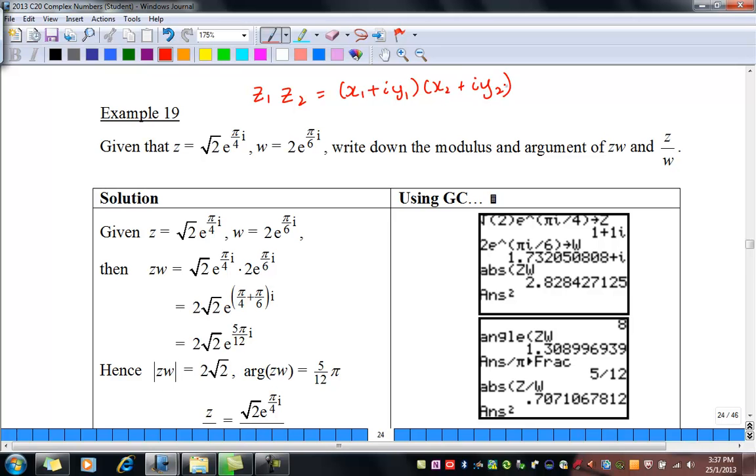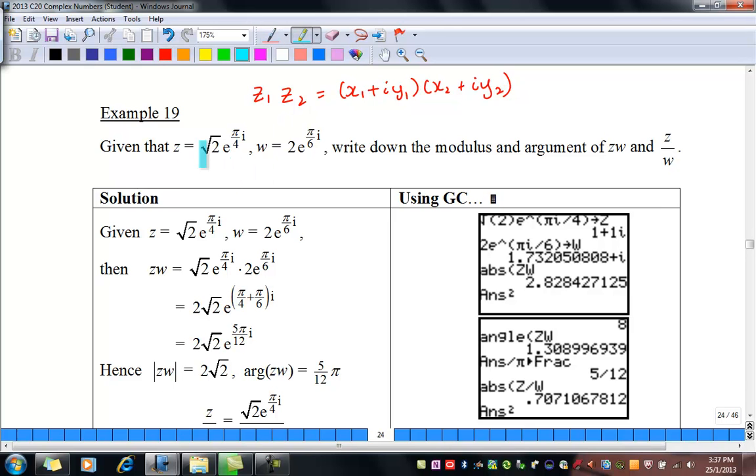And to do the multiplication would require an expansion of these two with the simplification of all the terms later on into the real component and the imaginary part, which was quite a troublesome thing to do. What we are going to see in example 19 is that the beauty of the exponential form is that it allows for very easy multiplication of two complex numbers.